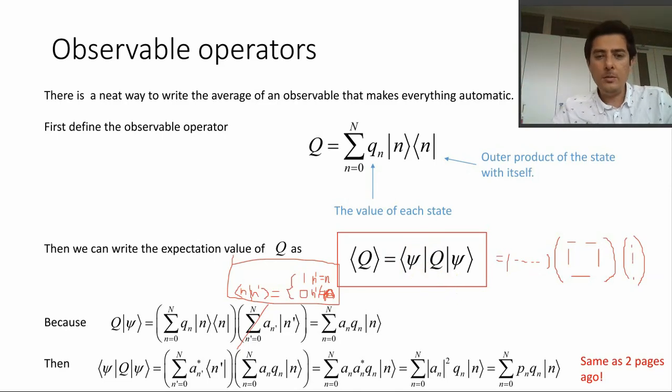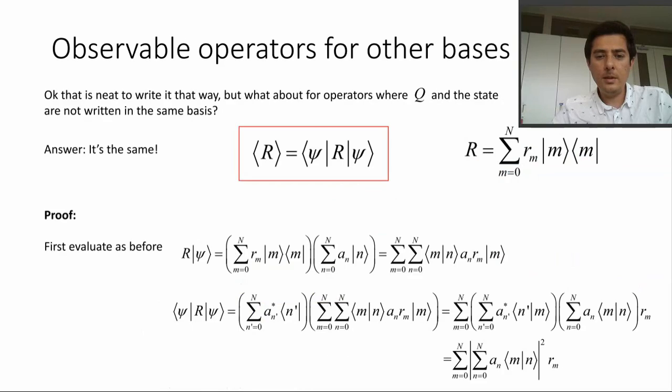Okay, so that's an alternative way to calculate averages. Now, what about that example that I gave a couple of slides ago, where the operator, say the R operator, didn't have the same basis as the state? Well, at least the way that we've written the state, they didn't have a common basis.